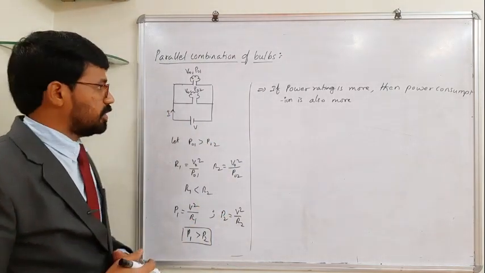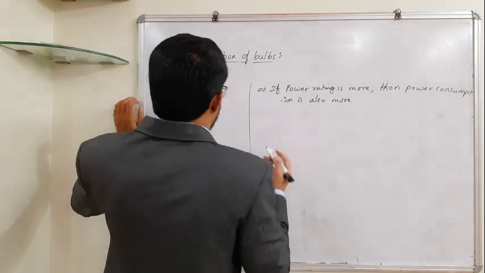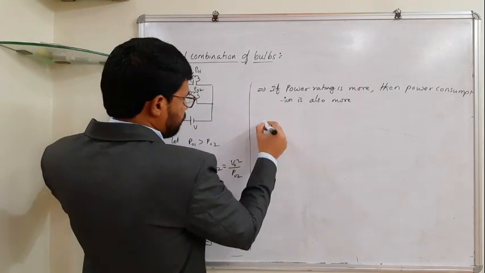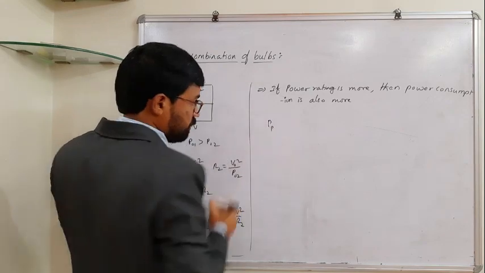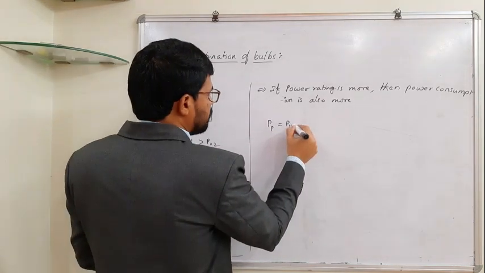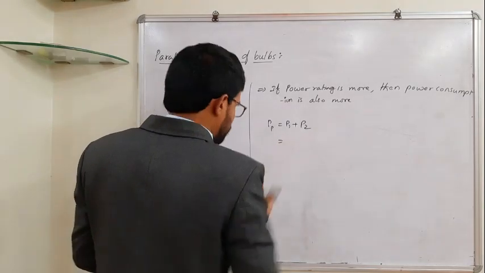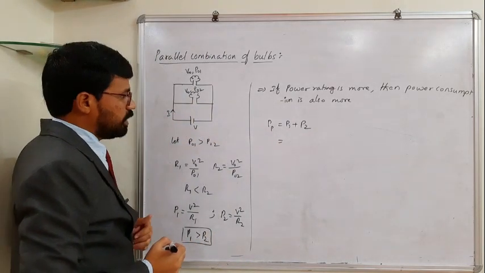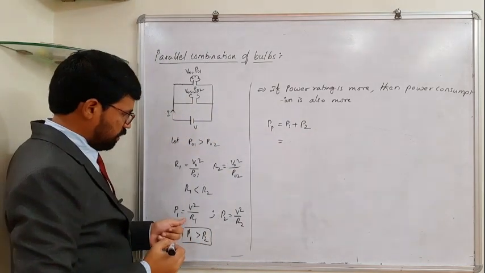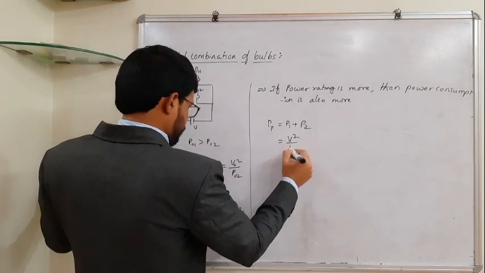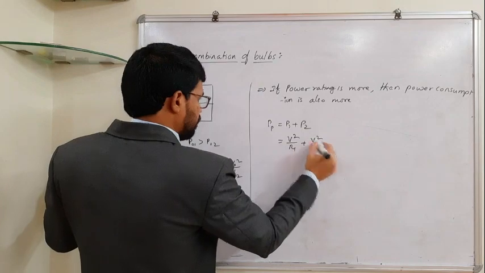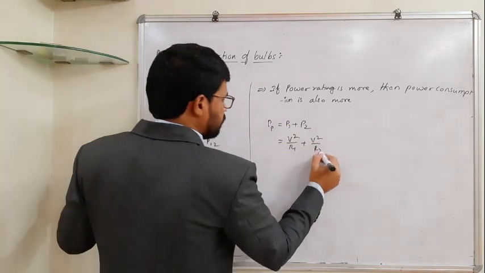Okay, right. So now let us proceed with the effective value of power consumption. In parallel combination, I will take the effective value of power consumption as Pp is equal to P1 plus P2. Since voltage is constant across both the bulbs, P1 can be replaced with V square by R1 plus V square by R2.